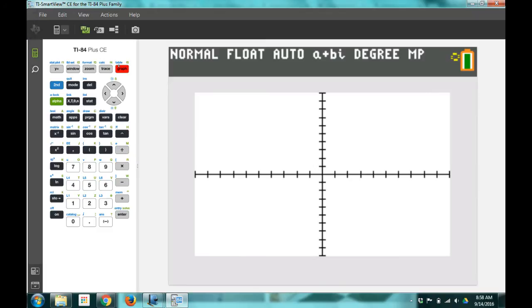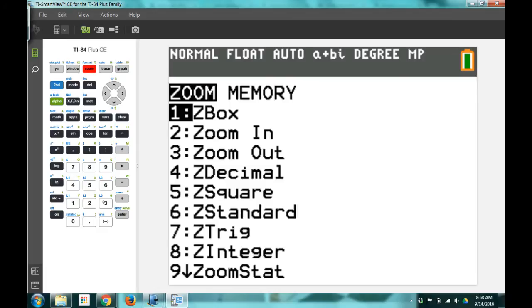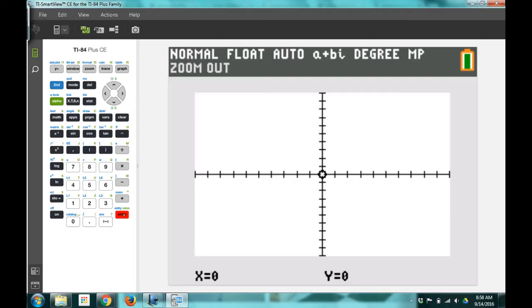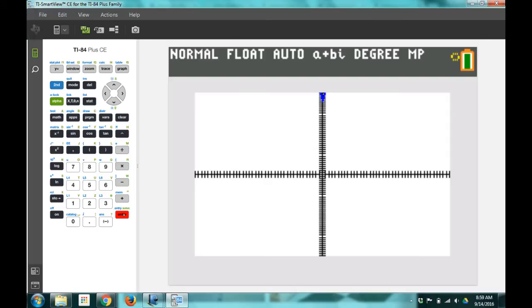It'll show up on my regular window. I'm going to zoom out a little bit, just from the origin there, so I can get some of the picture. There it is. It's way up there. It's barely there. You can barely see it, but it's there.